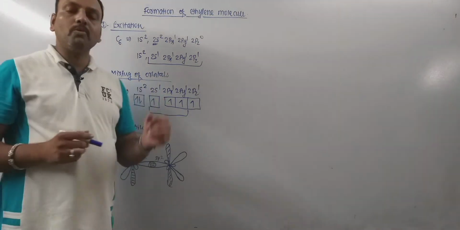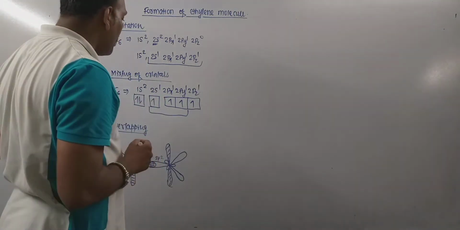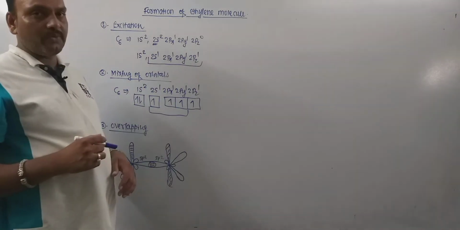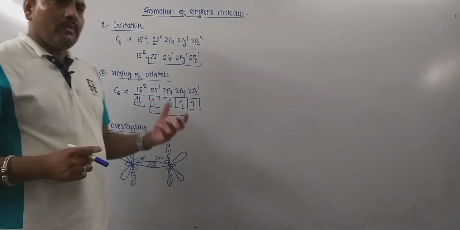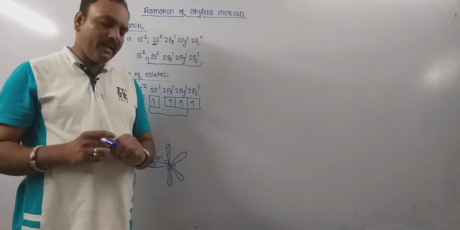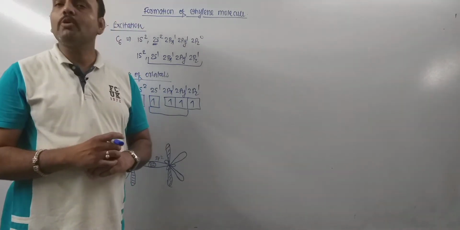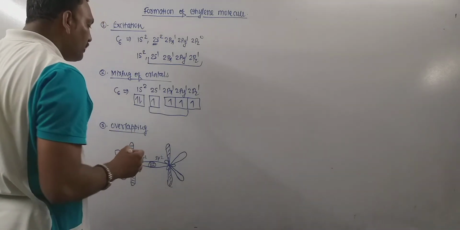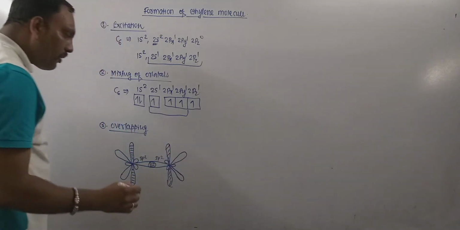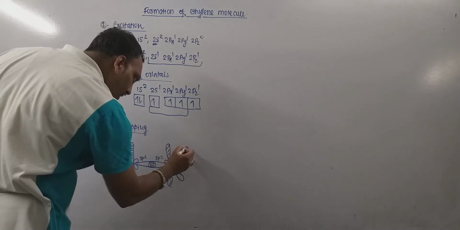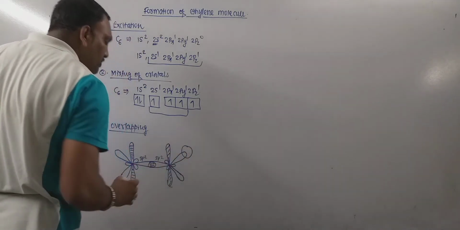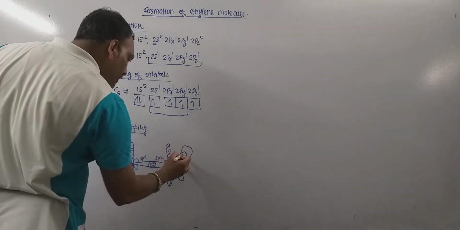Now 4 hydrogen atoms. We know very well the atomic number of hydrogen is 1 and its electronic configuration is what? 1s1. So hydrogen has an unpaired electron in its spherical s orbital. So 4 hydrogen atoms come closer and overlap with sp2 hybrid orbitals of what? Carbon atom. One hydrogen overlaps with its spherical s orbital with an sp2 hybrid.